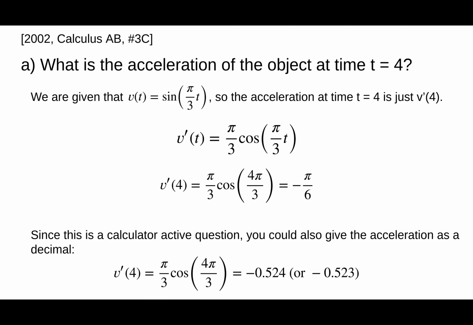Typically, if you don't make it clear what math or calculus you're making your calculator do, you will fail to earn some points on a free response question. So at the very least, declare that you're finding v prime of 4, that you know what function requires you to find v prime of 4, and then provide the answer from the calculator. Which is about negative 0.524 or negative 0.523, depending on whether you're rounding or truncating.